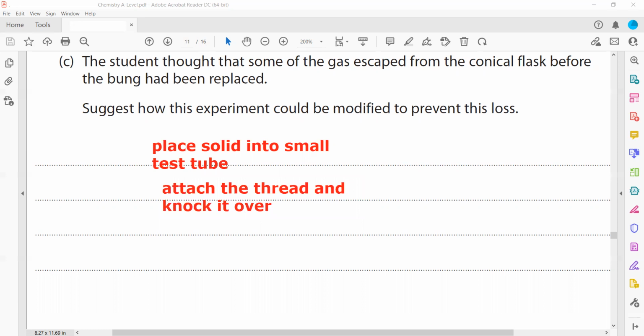So we can allow this reaction to occur without a loss of gas. The gas won't escape.